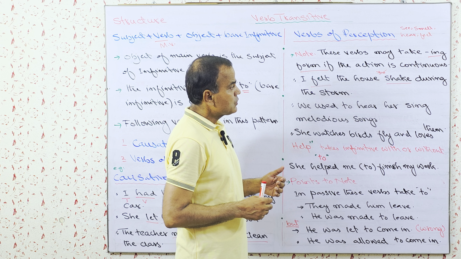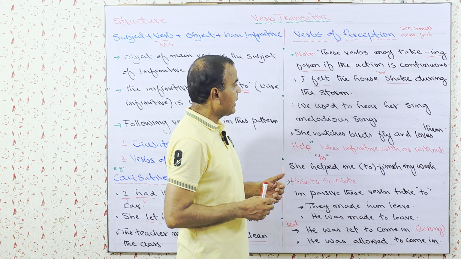I felt the house shake during the storm. But I can also use here, I felt the house shaking. I will use this when I want to tell my listeners or readers that the action was continuous. But if I am making a general statement, then I will put bare infinitive.